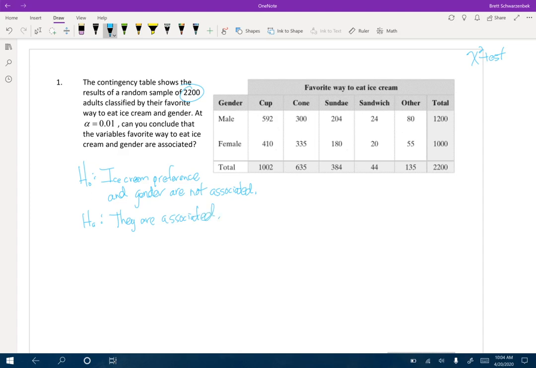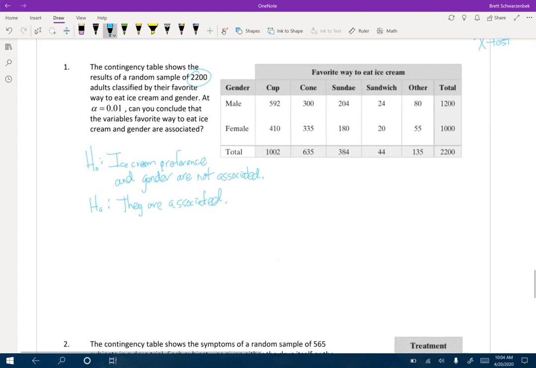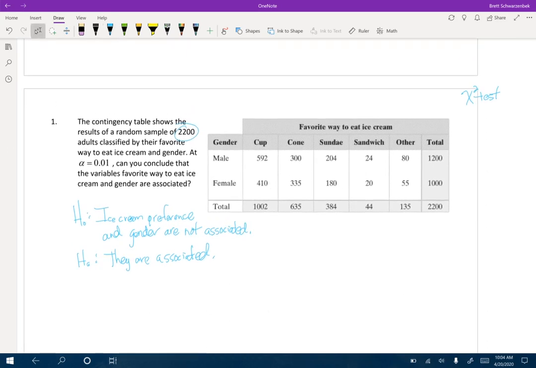All right, so once we have this, we can go right into entering the data. So what are you doing? You're going to go into the matrix menu, which is above x to the negative 1, and you have a 2 by 5 matrix. So you change the matrix dimensions in edit to 2 by 5, and then you enter the numbers in the table. When you do so, you'll have them all entered. If you want to pause right now to put them in there, you'll get what you see here.